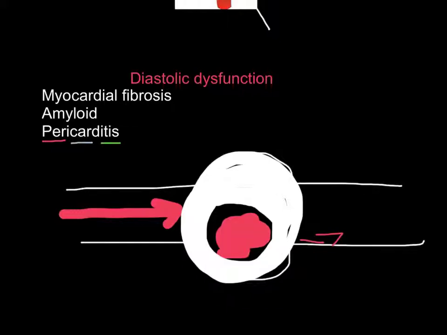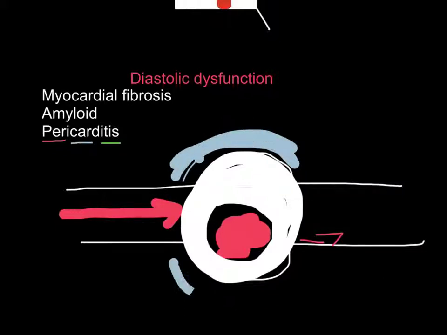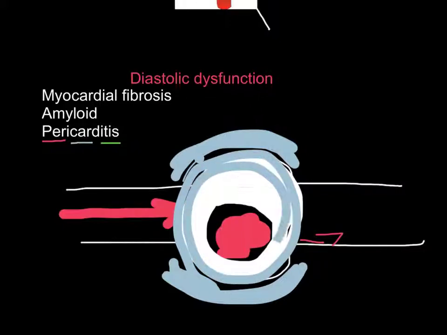So around the heart, we have inflammation that ends up putting pressure and shrinking the chamber of the heart, and therefore the same small amount of blood ends up being pumped out to the rest of the body.